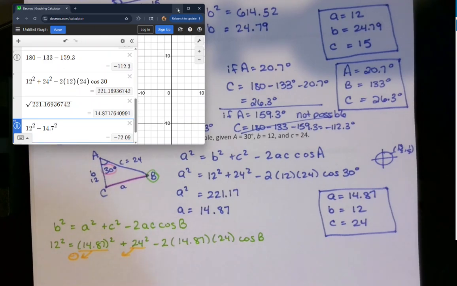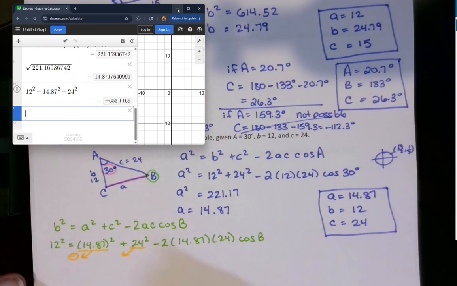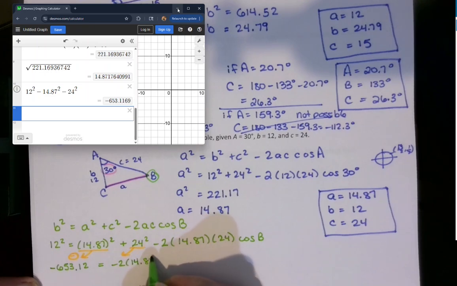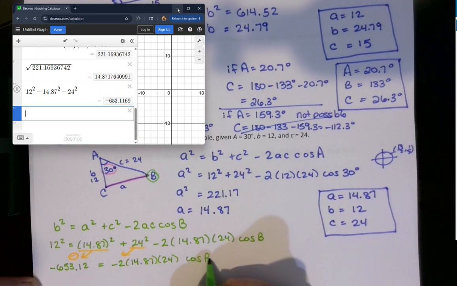And we're also going to subtract the 24 squared. That's going to give us a negative 653.12 equals the negative 2 times 14.87 times 24 times the cosine of the angle B.